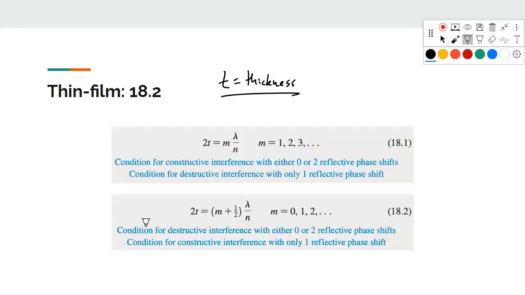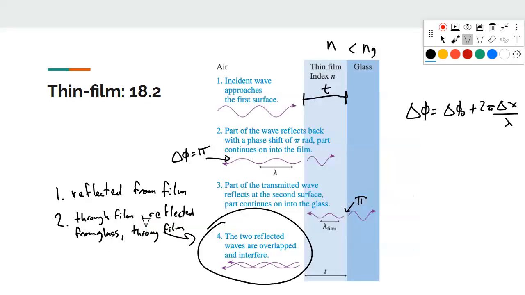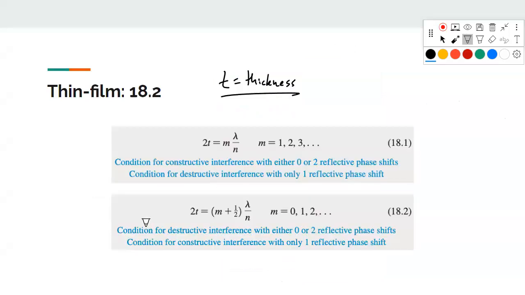And what we can say is that there's a relationship between which wavelengths constructively and destructively interfere and the thickness T of that material. Because the wave that I called wave 2 here had to travel extra distance. It had to travel through the film and then back through the film. So it had to travel this 2T extra distance.